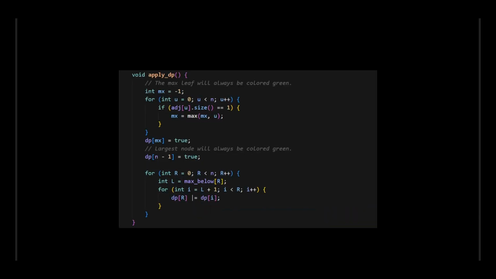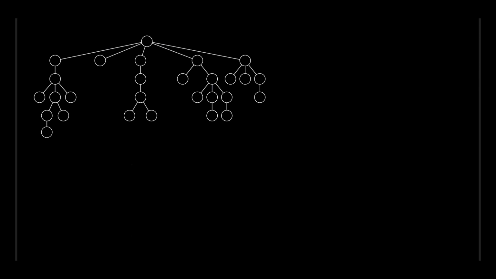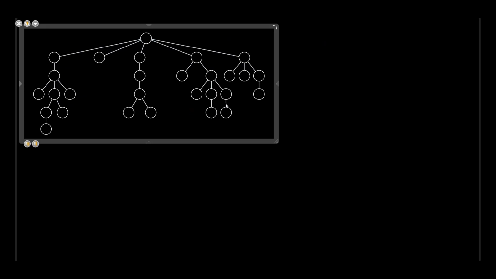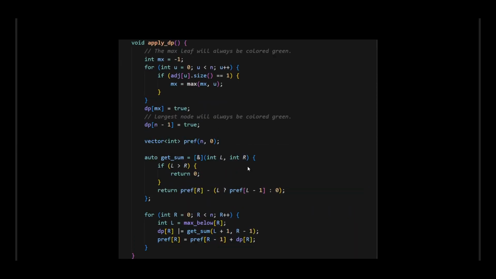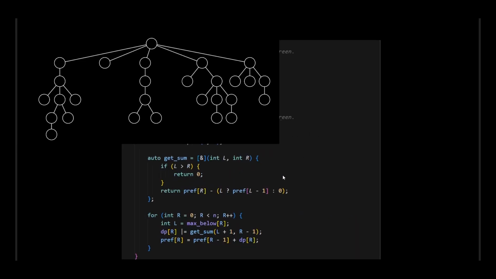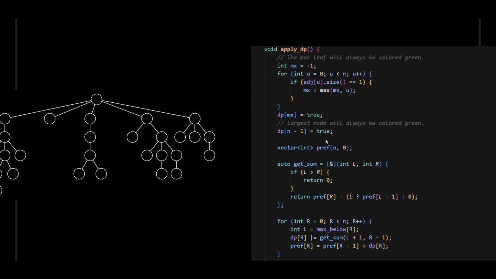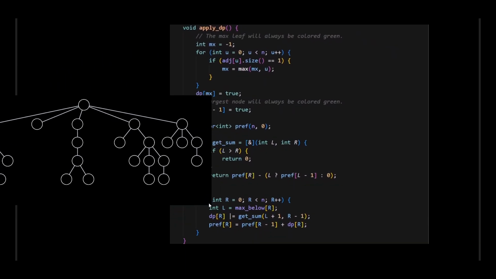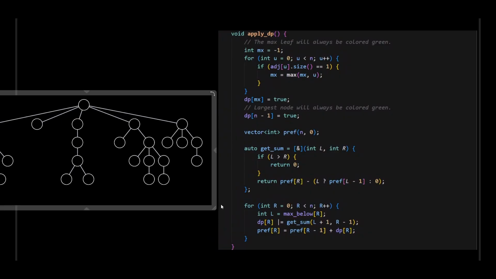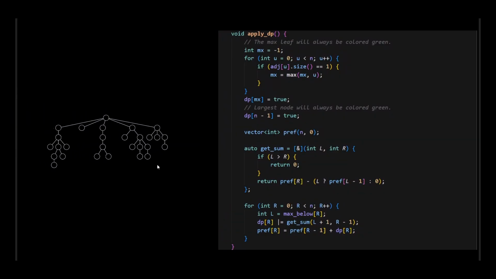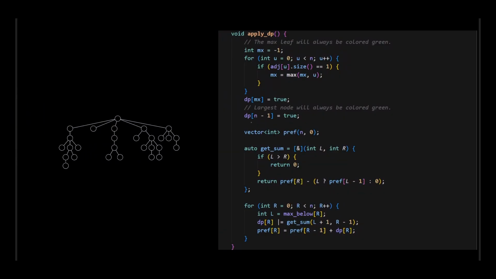Now the second thing is that we have to apply the normal DP where, for a particular node, let's say for this particular node, first of all, you want to find out the DP value.